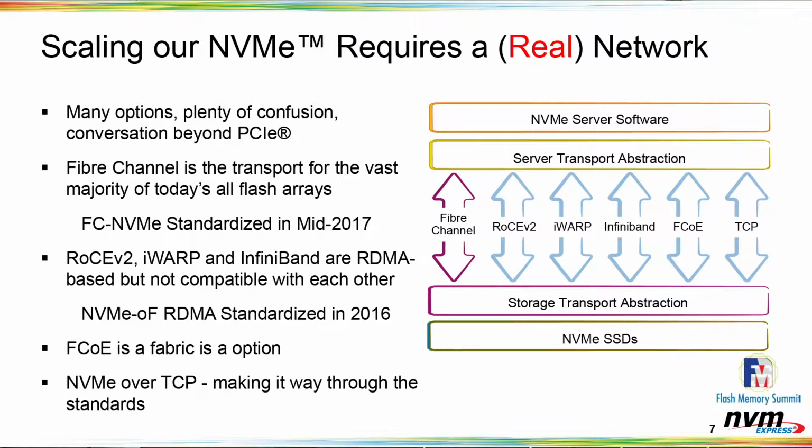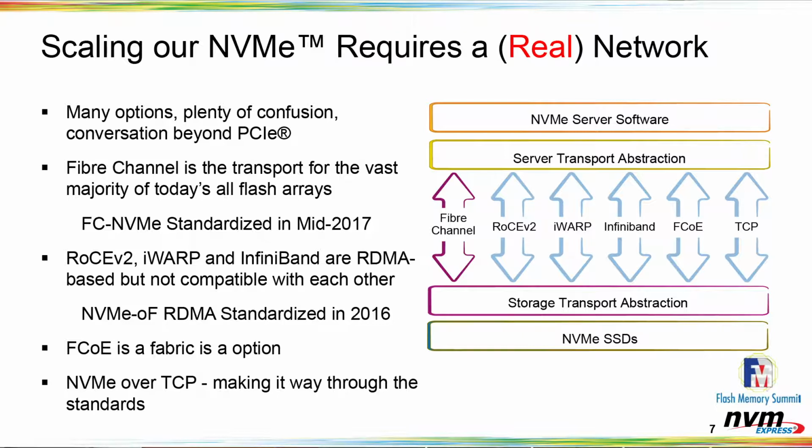But what are the other networks? If you want to scale NVMe further and deeper into the data center, you have a bunch of network connectivity options, which is NVMe over fabrics. And there are plenty of options around there, and the more the options, the more the confusion, right? As you can see on the chart on the right-hand side, there are 7 of those.